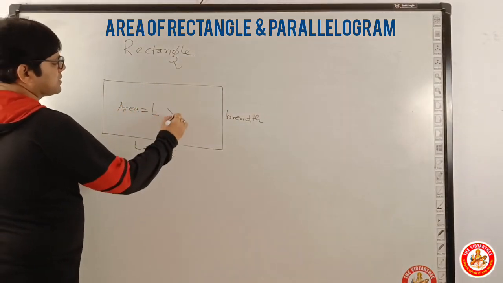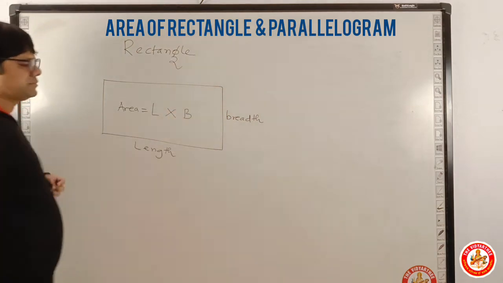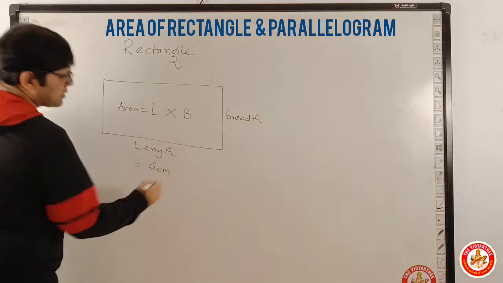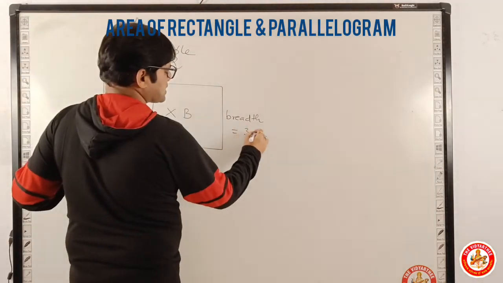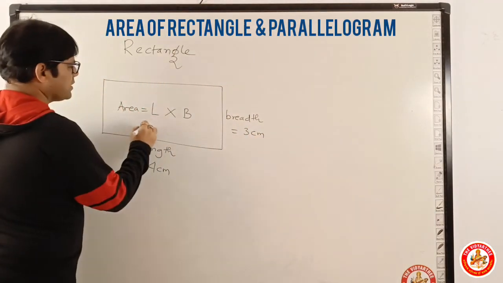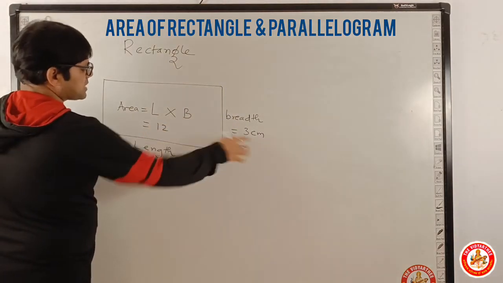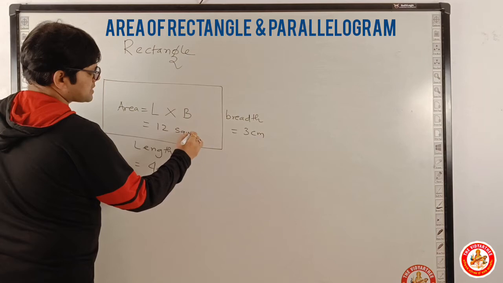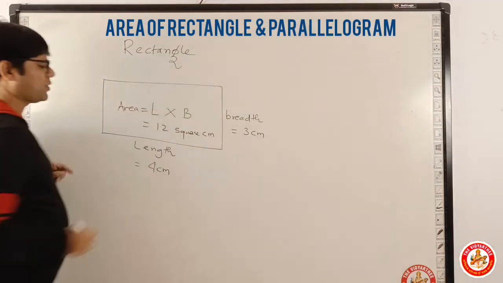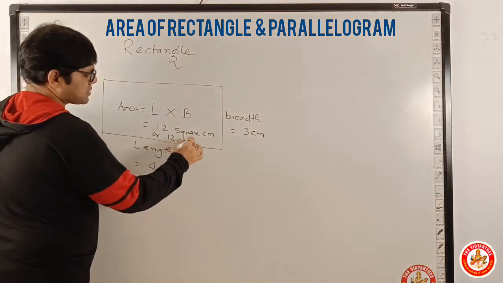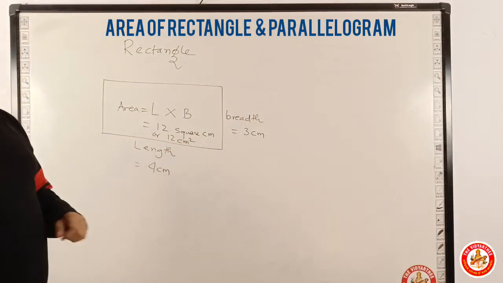It is the length times the breadth. So if you take an example, if the length is say 4 centimeters and if the breadth is say 3 centimeters, the area will be 4 into 3, that is 12 centimeter into centimeter, square centimeter. Or you can write 12 centimeter square. So rectangle is actually very simple.